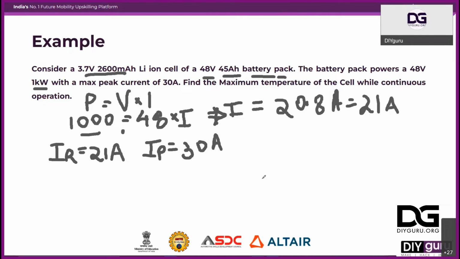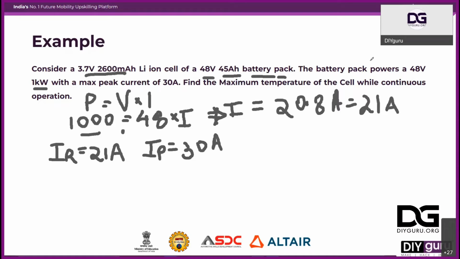Okay, thank you. So the thing is that if the vehicle is operating at standard continuous rate, 21 amps is the rating that you require. At operating rate, we have something called rated speed, or rated RPM.